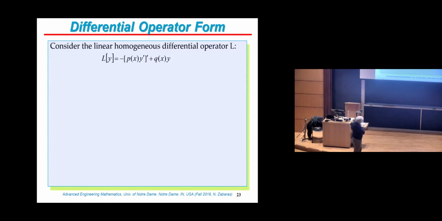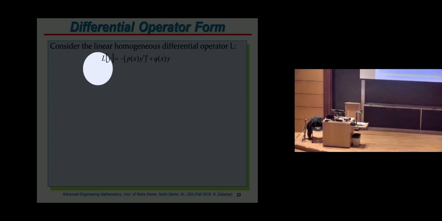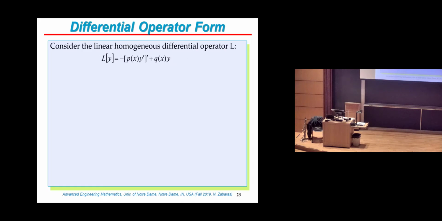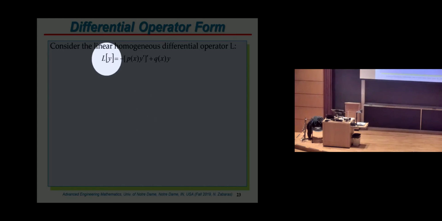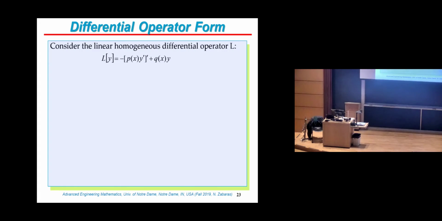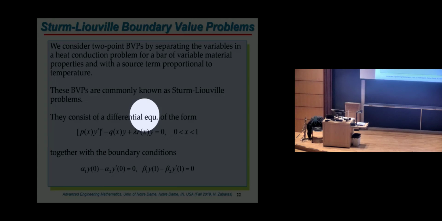I'm going to define an operator L that when it's applied to the function y, it gives me minus (p y prime) prime plus qy. So if you use this as a definition, can you tell me what is the form of the differential equation? Again, if I use this as a definition, as L of y to be this, can you tell me what this equation looks like?